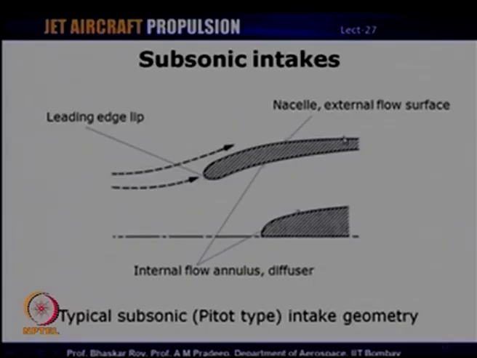So, the intake designer, the nacelle designer, also has to ensure that the external drag is minimized under off design operating conditions. The leading edge of this nacelle, which is basically the beginning of the intake, is known as the lip of the intake, and then there are different areas of this where there could be flow problems, which is something we will discuss in the next class.